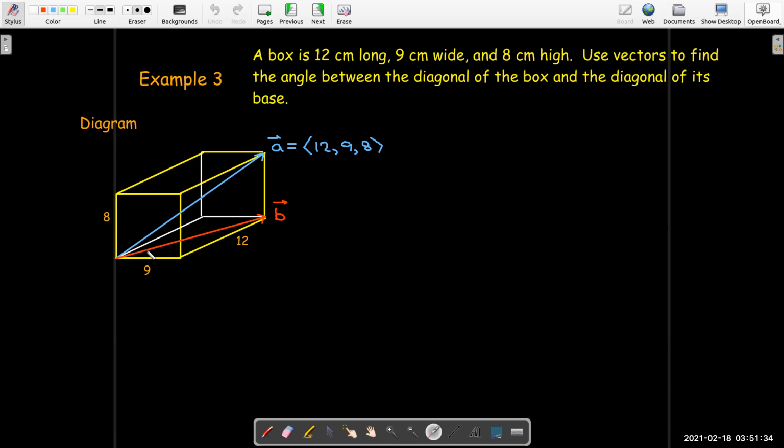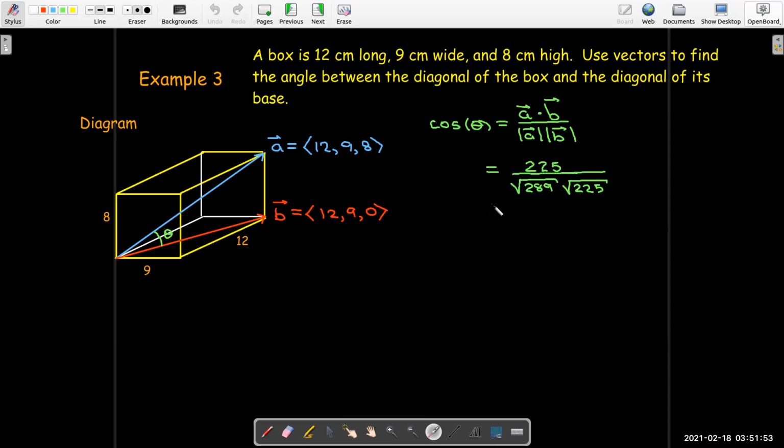It's going to go 12 in the x direction. It's going to go 9 in the y direction, and then 0 in the z direction. So now to calculate the angle, we can just use our formula for the cosine of that angle, form the dot product, and calculate the lengths.